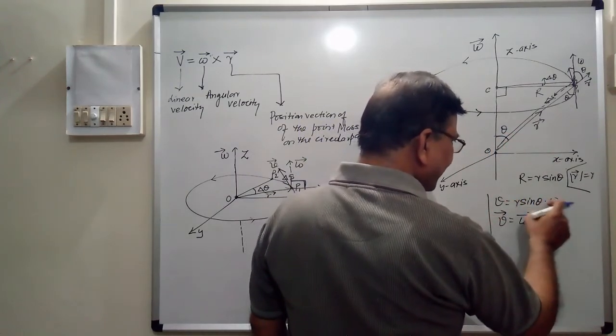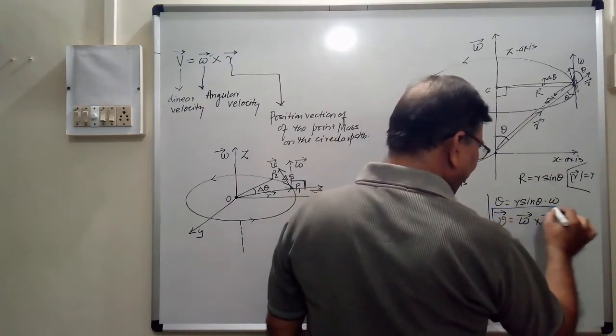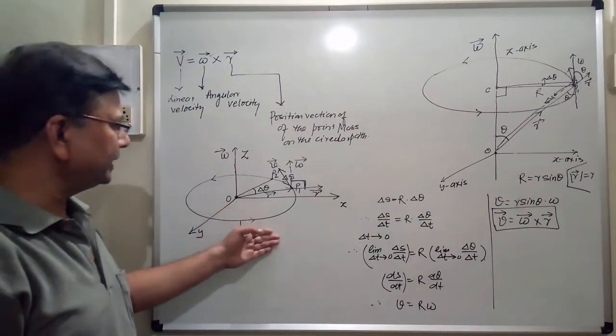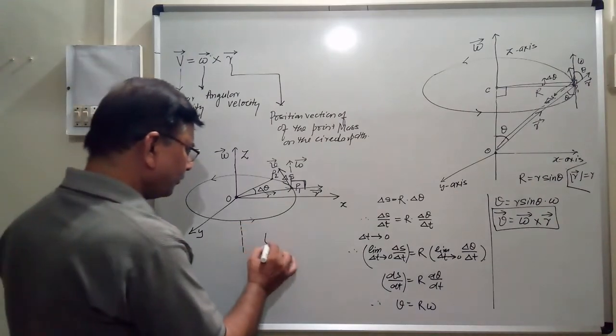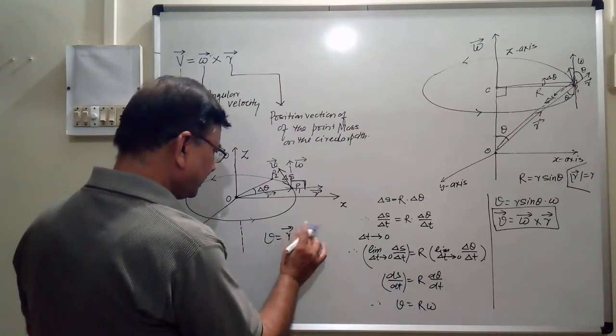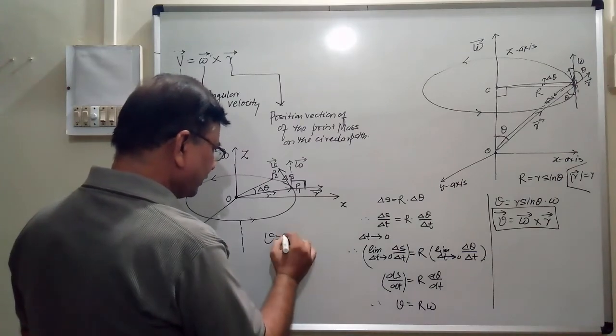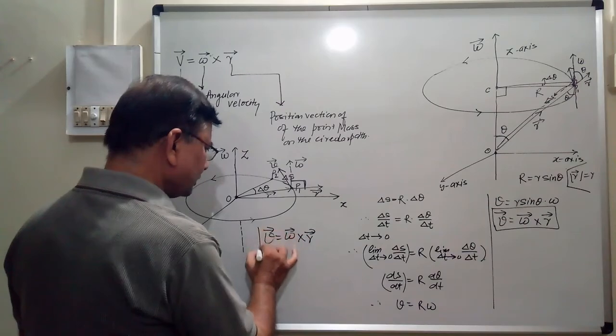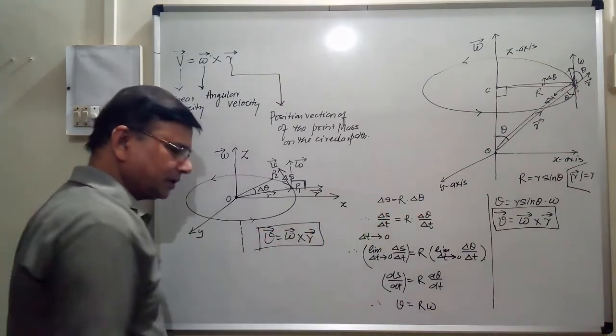So r omega sine theta can be written as omega cross r. In the previous case also, in this case also, we had got v is equal to omega cross r, we got over here also, right?